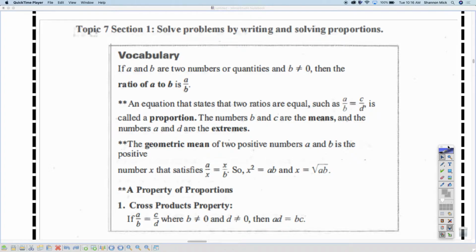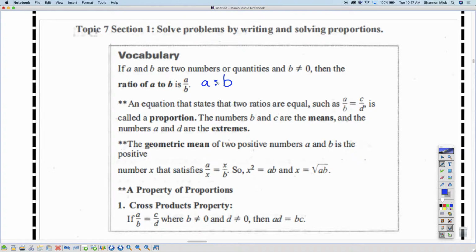So vocabulary: if A and B are two numbers or quantities and B doesn't equal 0, then the ratio of A to B is A over B. I also could write that as A colon B. That is not the ratio, but is that the proportion? Yes, a ratio is a fraction. So this writes it as a proportion A to B, but a ratio is a fraction.